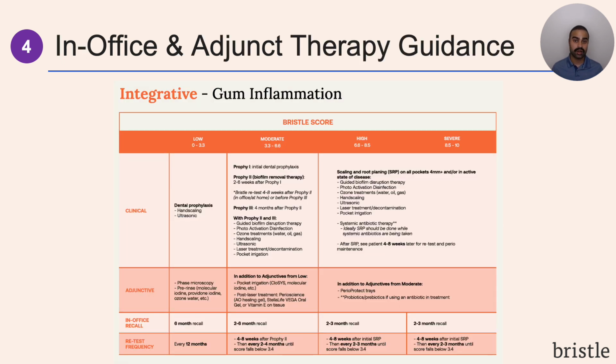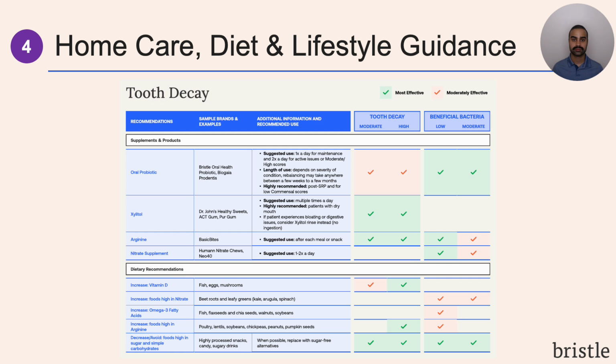Here's an example of our in-office care guide, which shows different therapies that you can consider based on the Bristle test results. And similarly here for home care, diet, and lifestyle, we have guidance that includes information for different routines and supplements, brands, as well as recommended use and frequency.